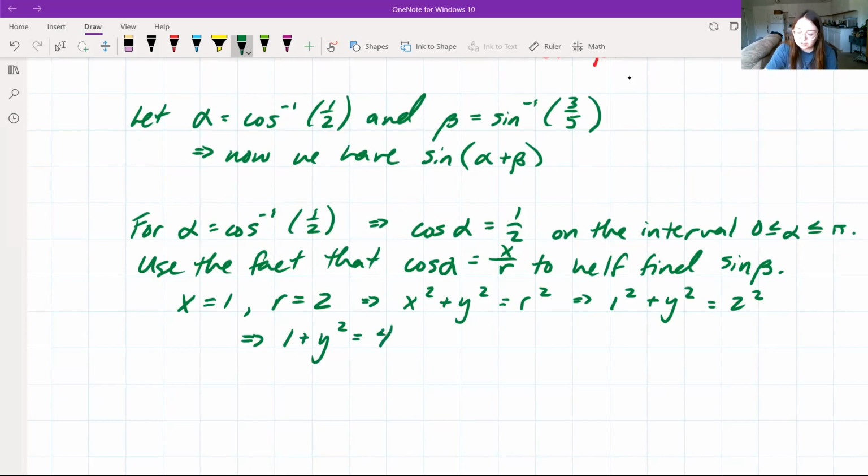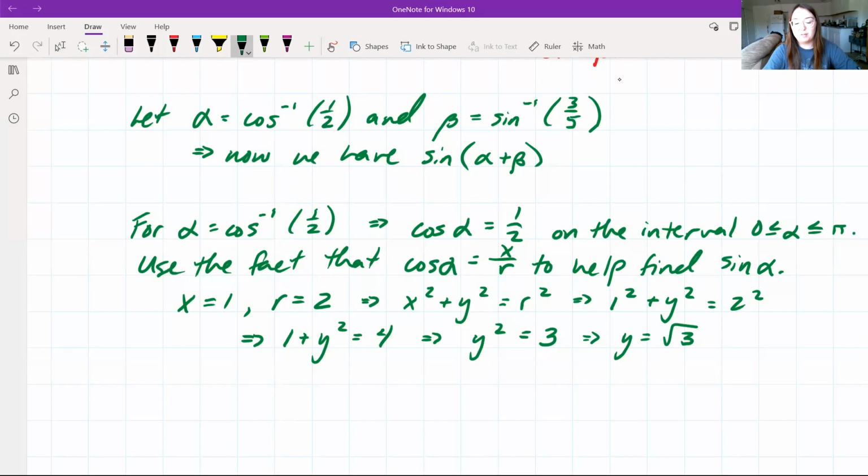Then if we subtract 1 from both sides, we get y squared is equal to 3, which then gives us that y is equal to the square root of 3. I apologize, I realized I caught something. We wanted to use this to help find sine of alpha, because that's what we're going to be missing here.